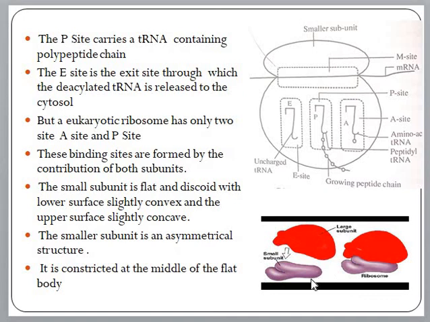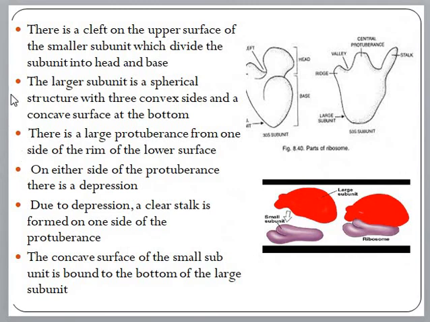It is constricted at the middle of the flat body. There is a cleft on the upper surface of the smaller subunit which divides the subunit into a head region and a base region.